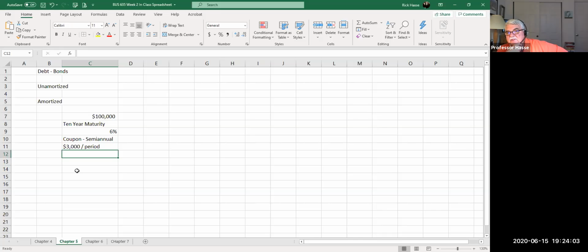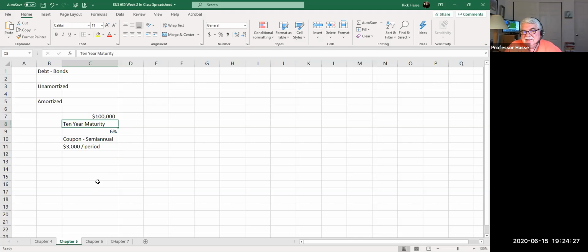So that's 3% a period. 3% of $100,000 is $3,000, $6,000 a year. So somebody lends me $100,000 and I have to make sure I pay them $3,000 every 6 months for 10 years. Then at the end of those 10 years, I have to pay them back the $100,000.